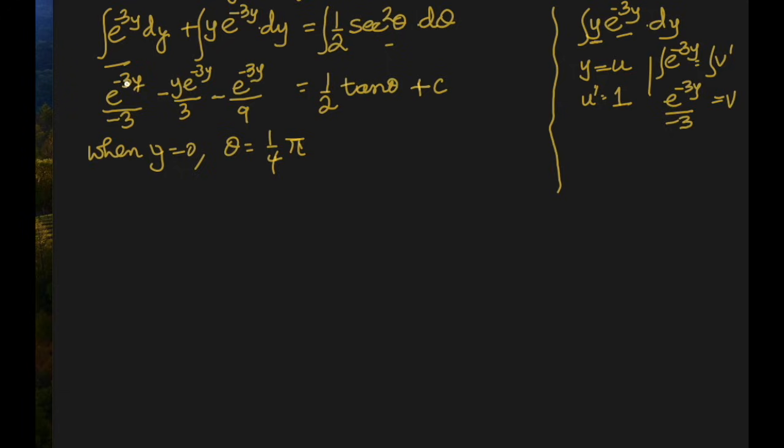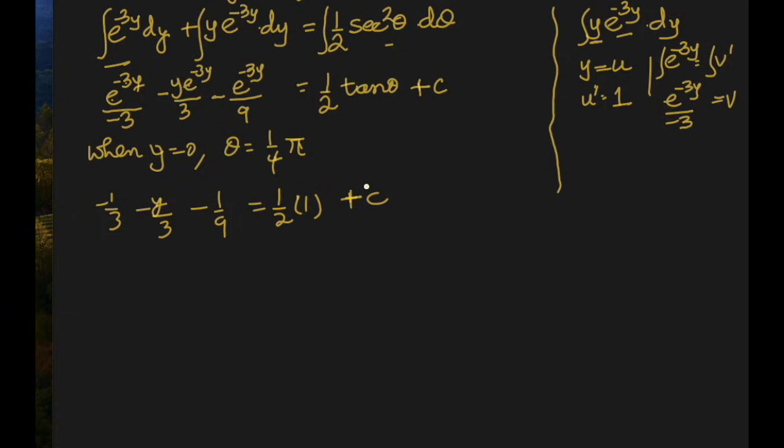So e to the power 3 times 0, e to the power 0 is 1, so it becomes negative 1 over 3. Again, e to the power 0 is 1, so negative y over 3. E to the power 0 is again 1, minus 1 over 9, equal to half tan pi by 4.